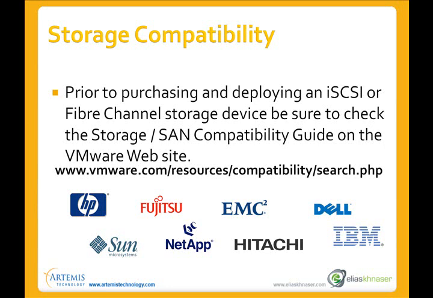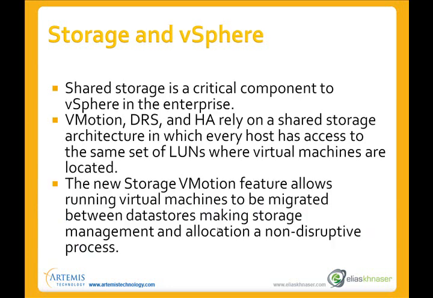Now, storage is important. But what type of storage is important? Shared storage is the one that we're talking about. And why is that? Shared storage is a critical component because it allows technologies such as vMotion, DRS, and HA to function. What we mean by that is the different hosts that are going to participate in either vMotion, DRS, or HA need to see the same LUNs, the same storage, before they can perform a vMotion, before they can perform Distributed Resource Scheduler, or before they can participate in high availability.